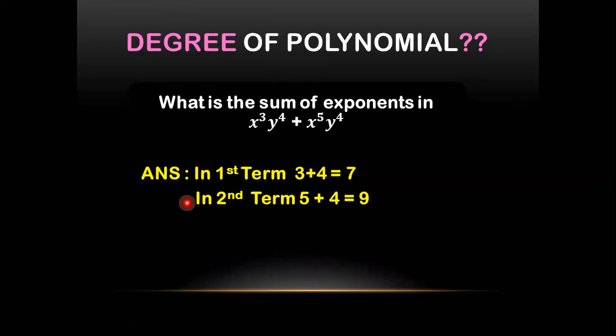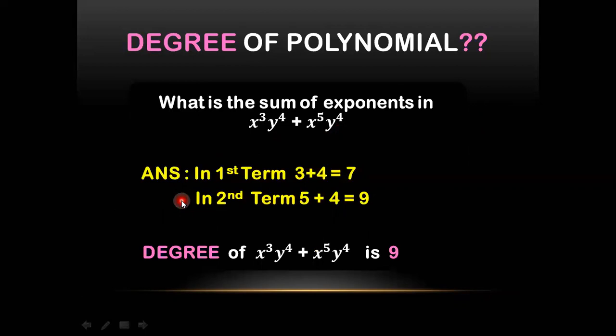There is not a single term कि जिसकी degree को हम degree कह दें. अब 2 terms हैं, and there is a comparison कि किसकी degree को इस polynomial की overall degree declare करें. So it's very simple. The highest degree will be declared as the degree of the polynomial. अगर यहाँ पर हमारे पास 4 terms भी हों, 5 भी हों, 6 भी हों, जितनी भी terms हों, उसमें से जिस term की भी degree सबसे बड़ी होगी वही उस polynomial की degree होगी. It's a very simple concept. So the degree of this polynomial will be 9.